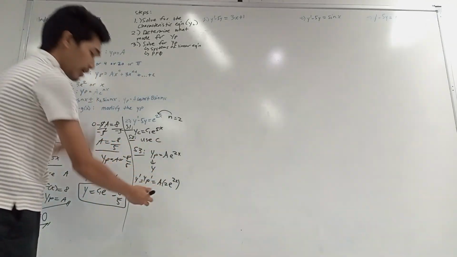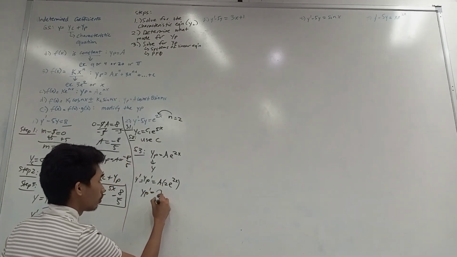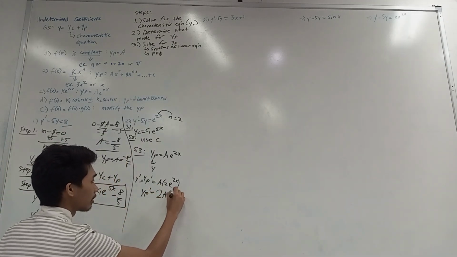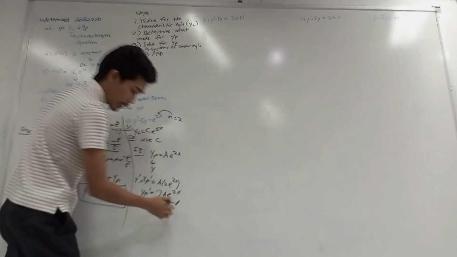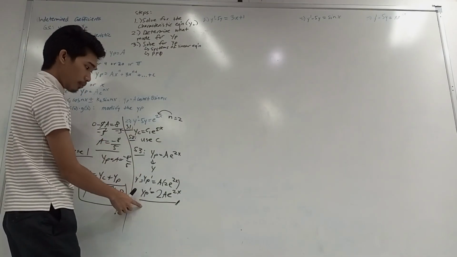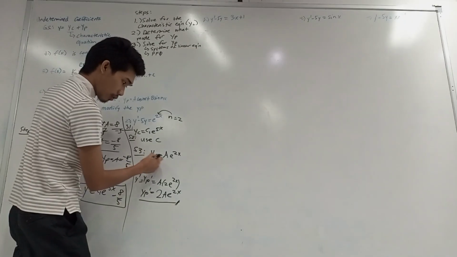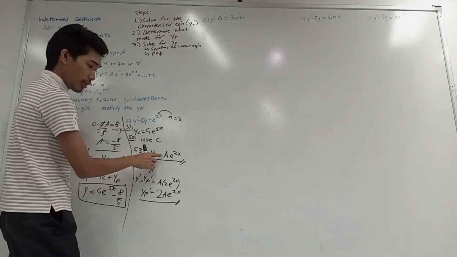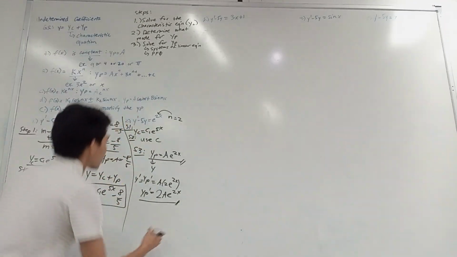So, ngayon, simplifying yp prime is 2Ae^2x. Meron na tayong yp prime para dito, meron na din tayong yp para dito.